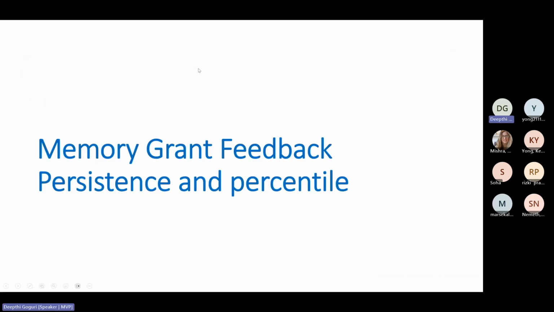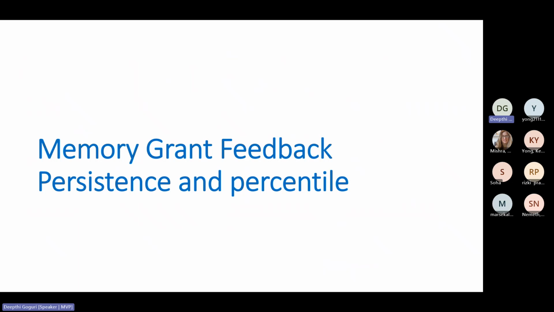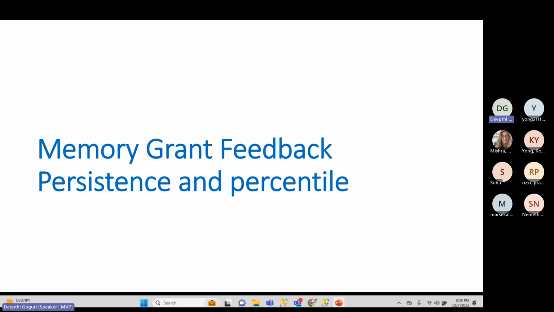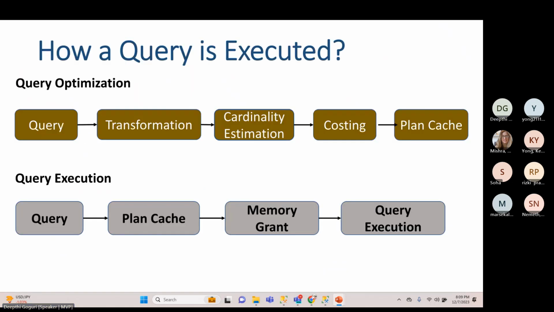And then let's talk about memory grant feedback, persistent and percentile. Before understanding how the memory grant feedback works, let's see where these memory grant feedbacks come from, and how the SQL engine actually uses these memory grants. How does it allocate the memory grants to any of your queries?